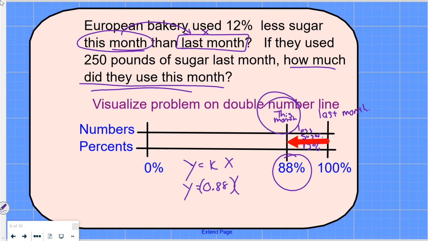Write your percent as a decimal. Put in the value that you have for x, or whatever values you have in the appropriate spot. And I find out that I am going to use 220 pounds of sugar this month.